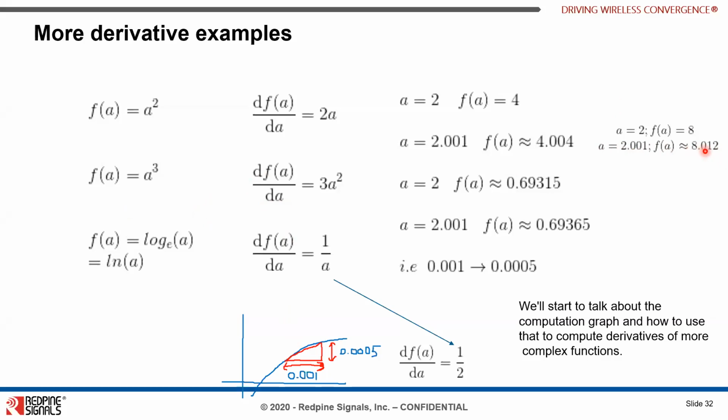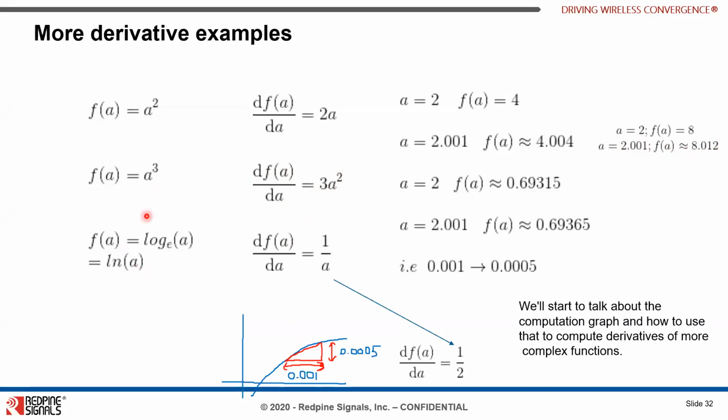So what is the ratio? That is 0.012 by 0.001, that is 12. So if you do df(a) by da, it becomes 3a square. Now put a equals 2 here. 2 squared is 4, 4 into 3 is 12. So that matches with the previous one.